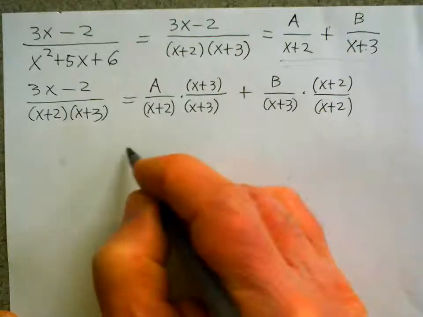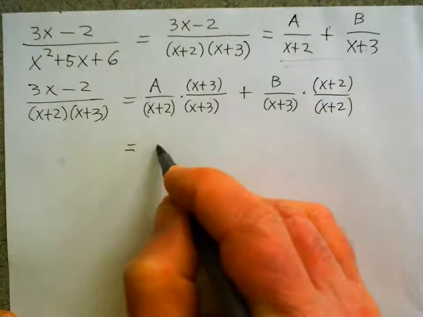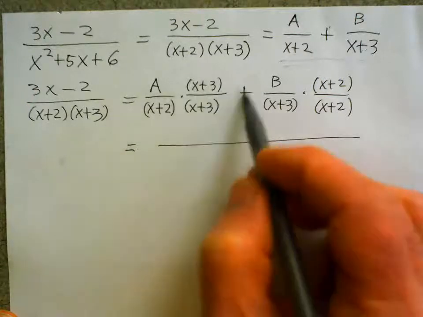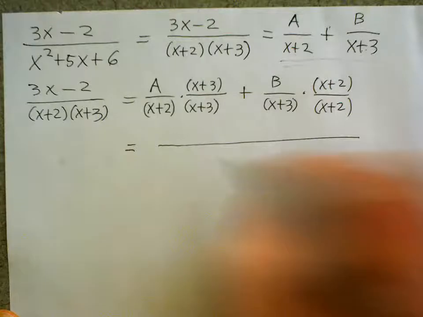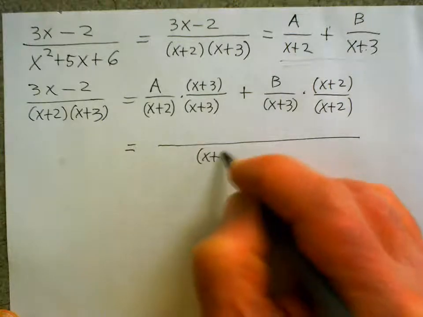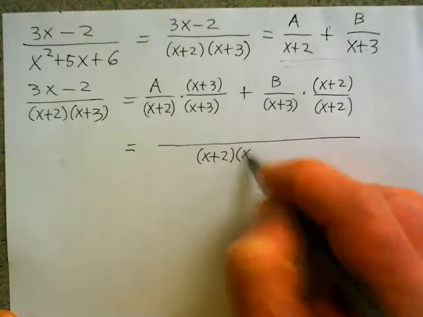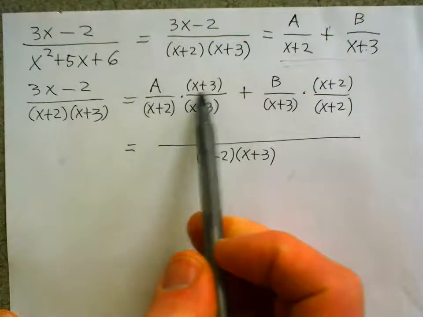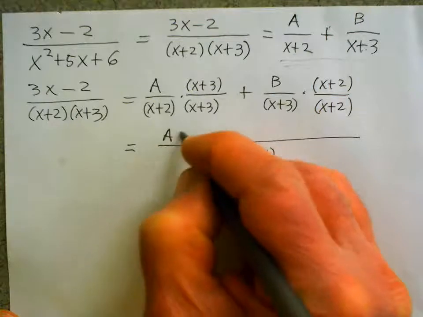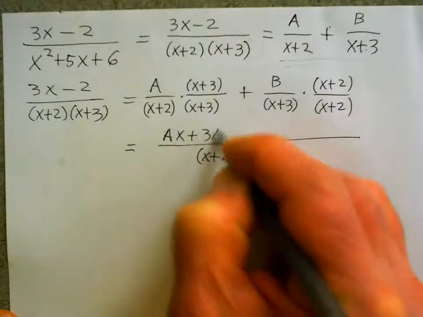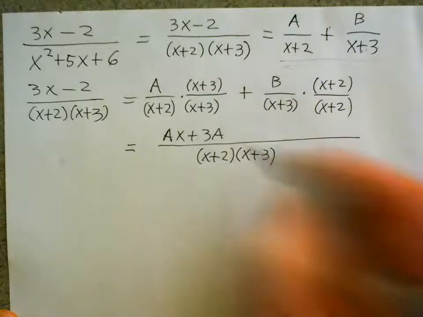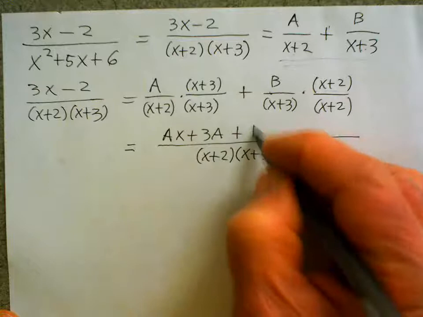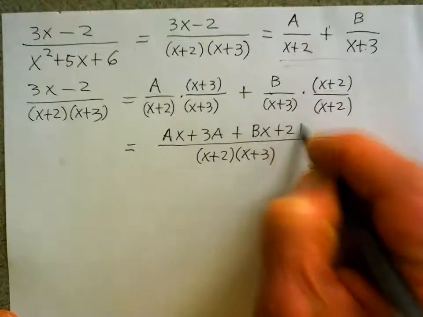Okay, now that we have a common denominator, we can apply the arithmetic to the numerators. So here we have a times the quantity x plus 3. So we'll write that as a times x plus 3 times a. And then plus b times the quantity x plus 2. That's plus b times x plus 2b.